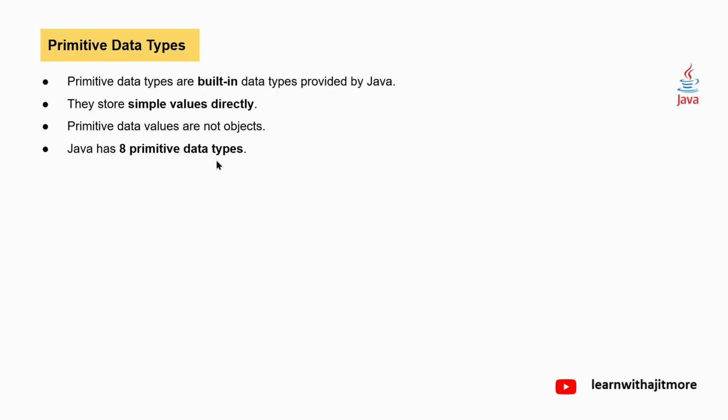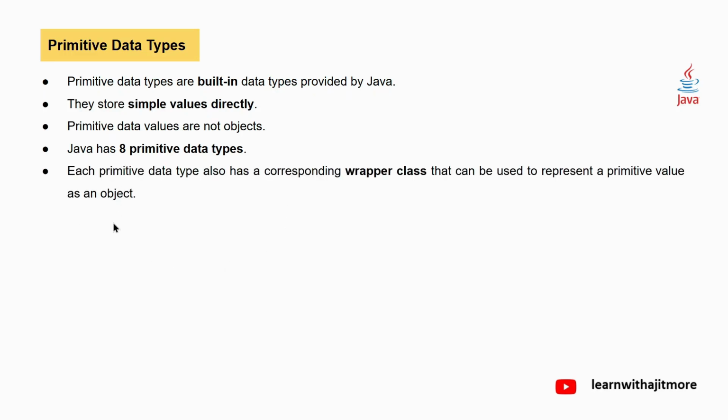Java has 8 primitive data types. And each primitive data type also has a corresponding wrapper class. Like for int, there is Integer, for char, there is Character, for float, there is Float, only with capital F. All these wrapper classes are provided by Sun Microsystems.